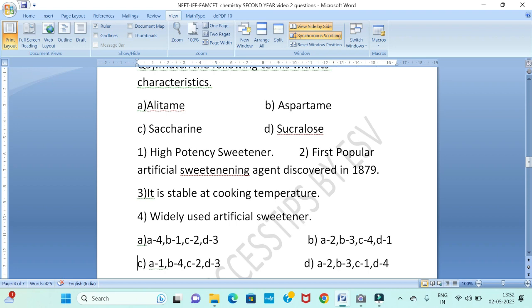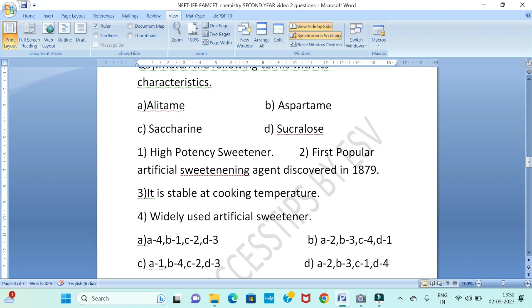But saccharin is the first discovered artificial sweetener. It is such bath, a true matter, true information. Like that you can remember.